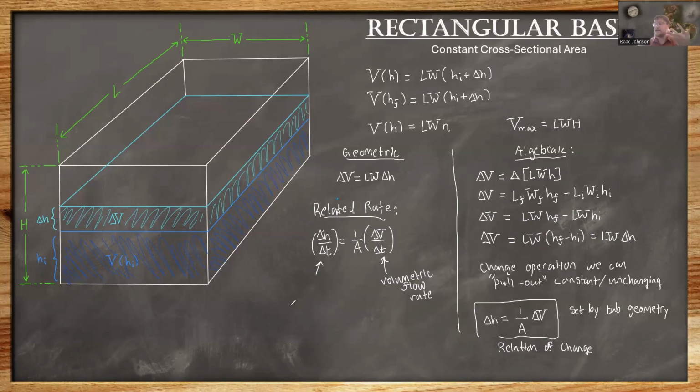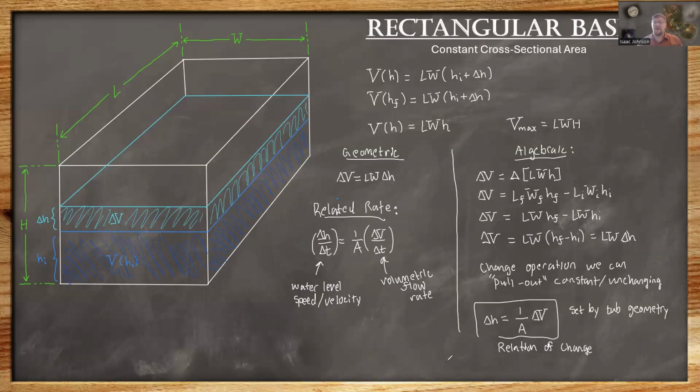It just tells you how the height changes in time, how that water level changes in time. I might call it water level speed or velocity. So it's how fast the water level is increasing or decreasing.